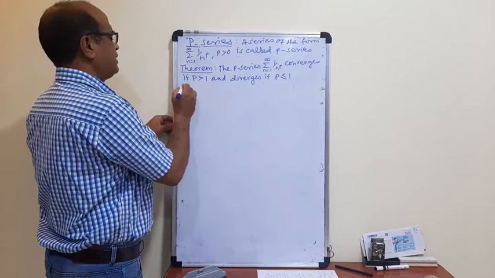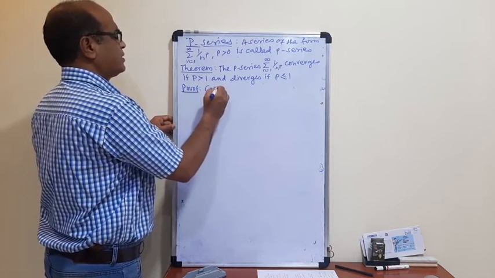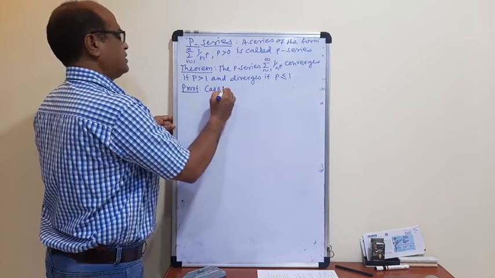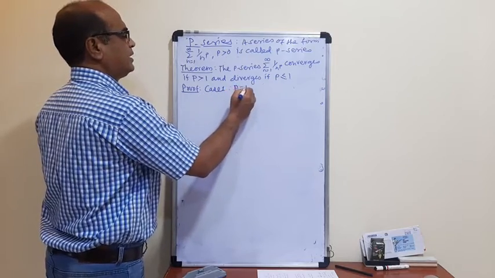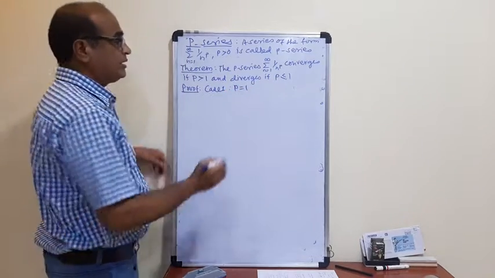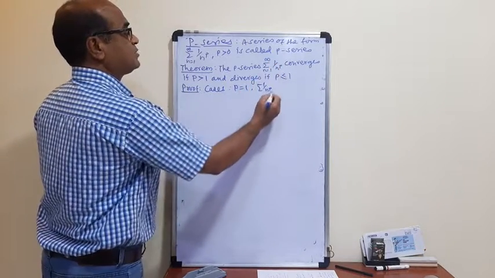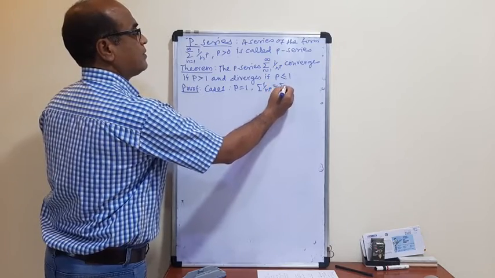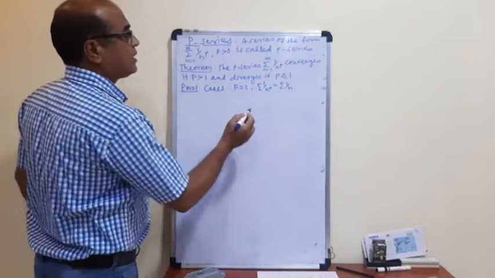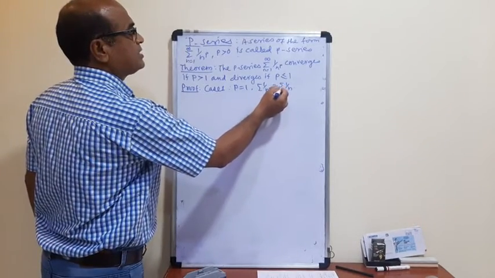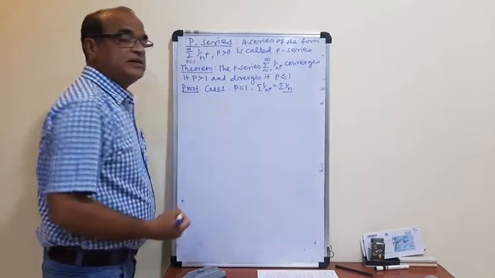Okay? Proof is very simple. Case 1. So what is case 1? If we take p equal to 1 here, then what happens? Then the series becomes 1 upon n raised to p, the p series. Put p equal to 1, then the series becomes here 1 upon n. So what is this series?